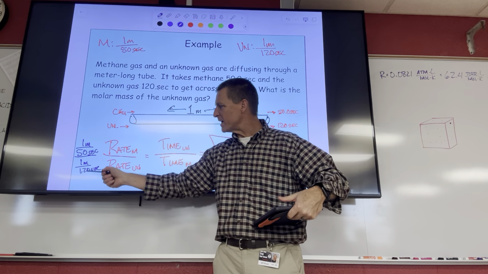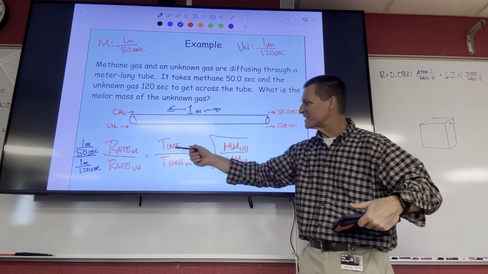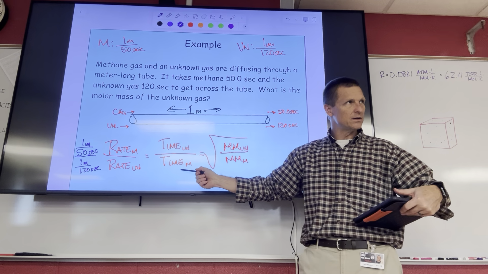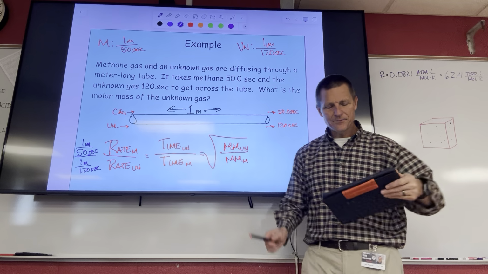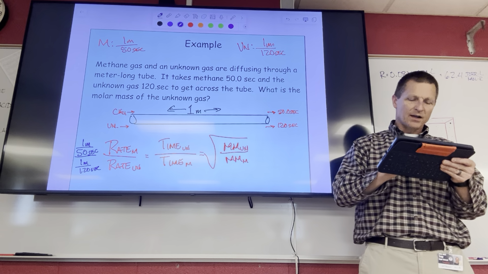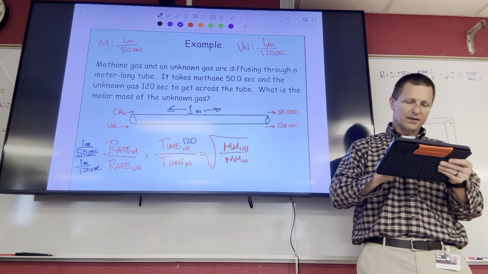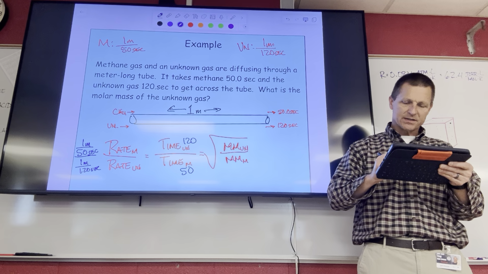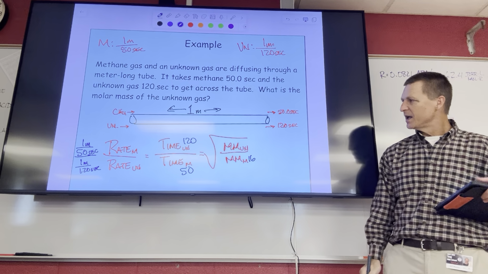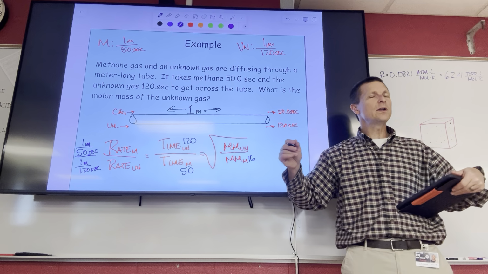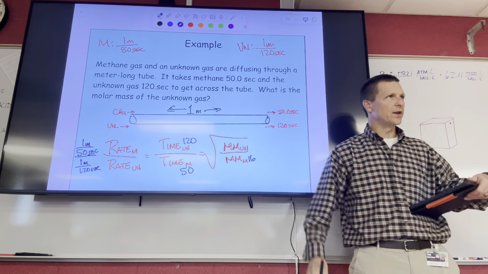This simplifies to 120 over 50, which is the time of the unknown over the time of the methane. Okay? So just putting the numbers in here, this was 120, this is 50, and this is 16. Again, molar mass is 16, nice round answer. So solve for the molar mass of the unknown, it's 92 around there.